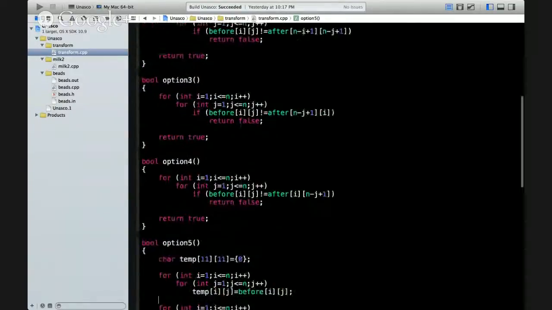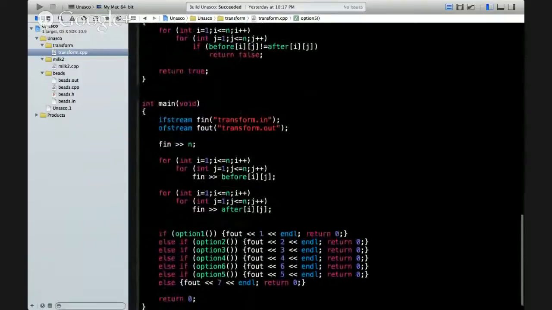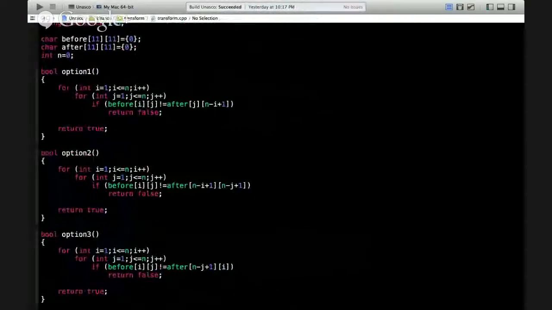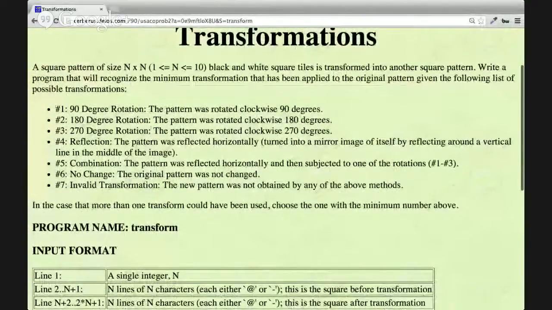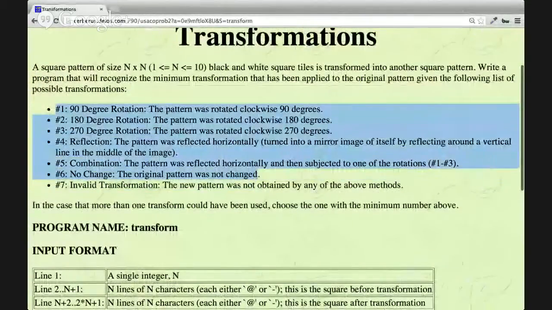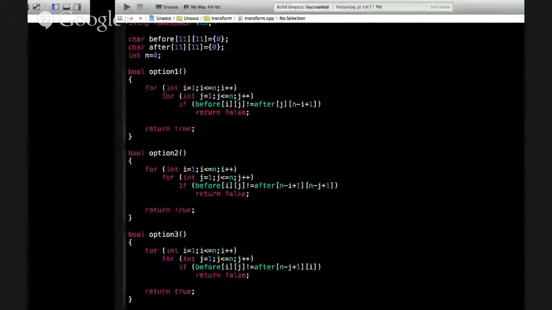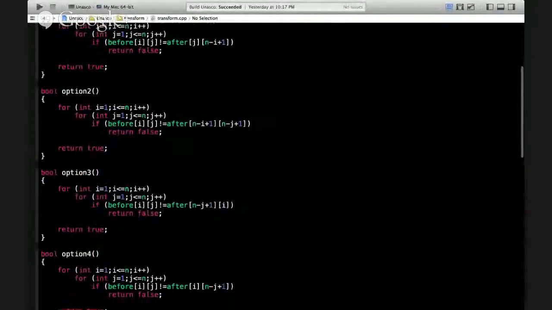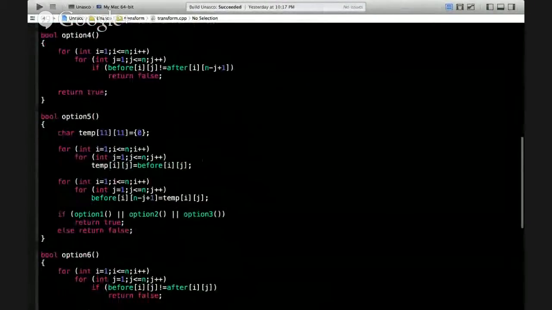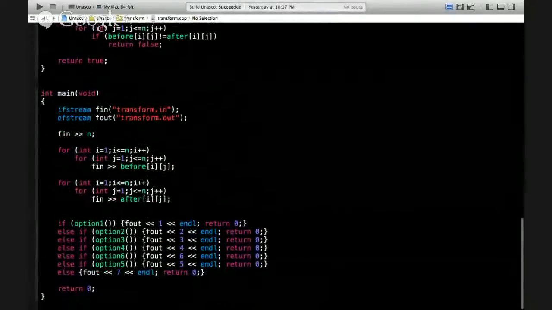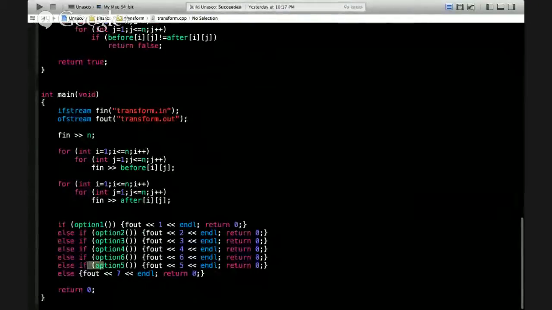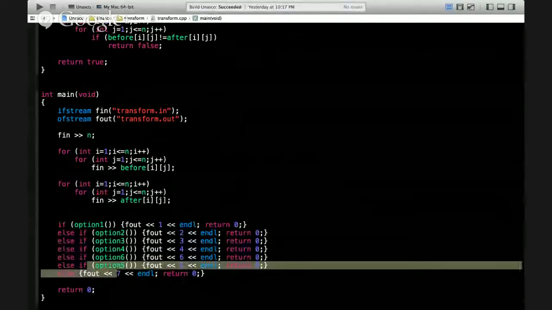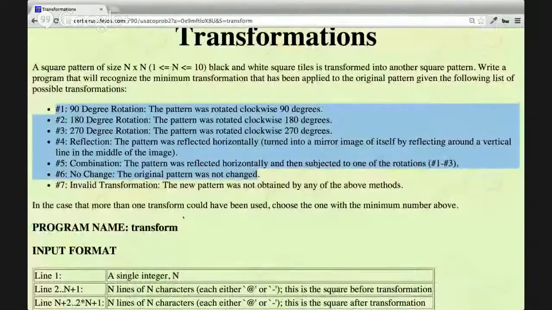So here I brute force all the sample options given by the question, all 6 choices. I coded them into 6 different options. In the main program, I just need to determine which option applies, and if it is none of the 6, then it will be 7, which is the invalid transformation.